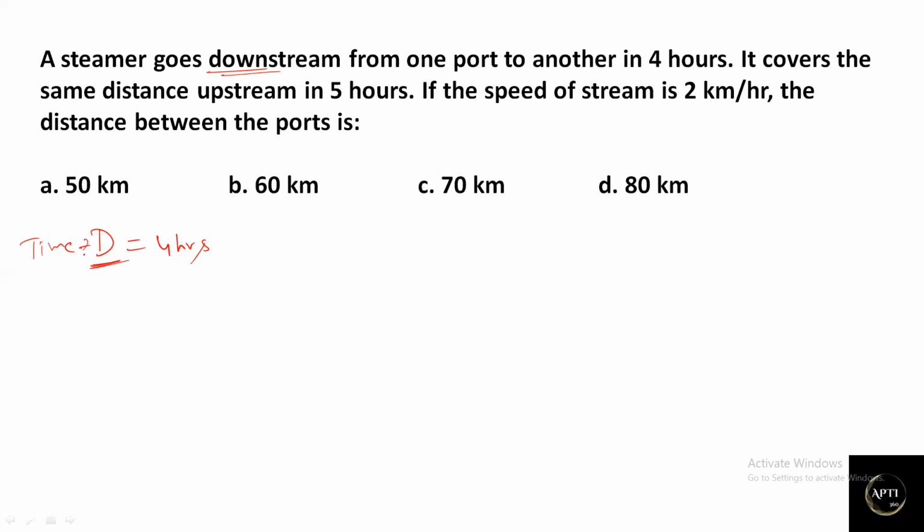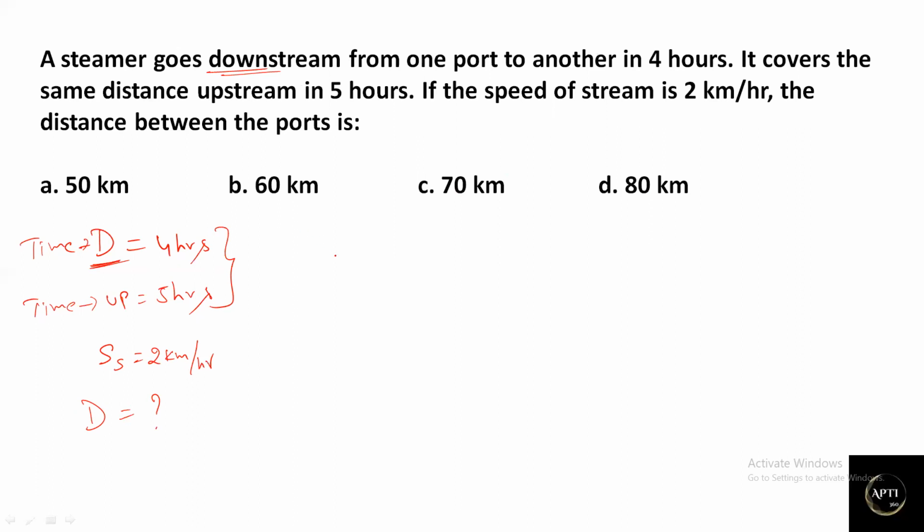It covers the same distance upstream in 5 hours, so the time taken for upstream is 5 hours. We know the downstream time and the upstream time. Now what other data do we know? The speed of the stream is equal to 2 kilometers per hour. This is the data we have. We need to find not the total distance, just the distance between the 2 points.